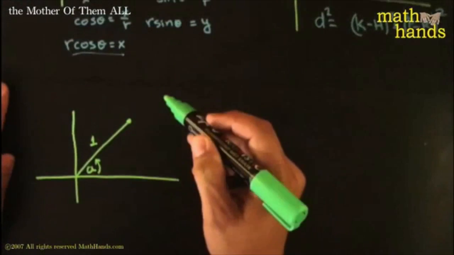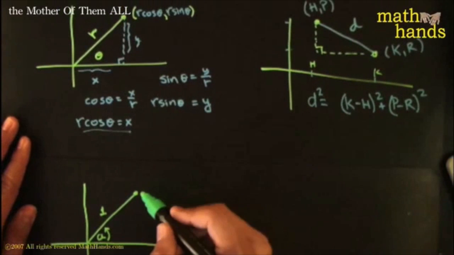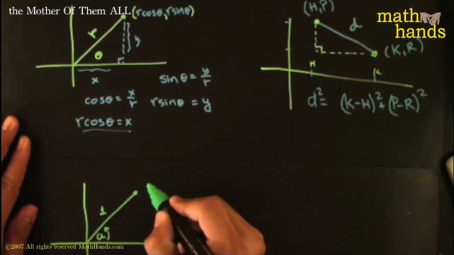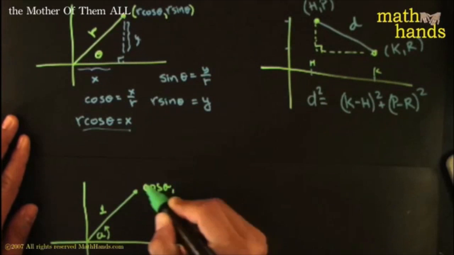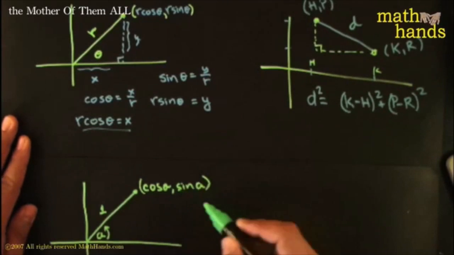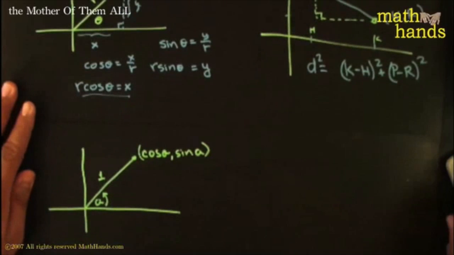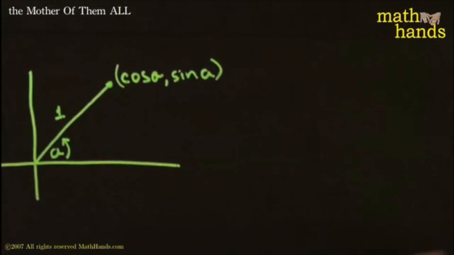So let's see if we got that. If this is 1 and that's A, what would be the coordinates here? It will be 1 times cosine A, comma, sine A times 1, which is the same thing as sine A. Those would be the coordinates for that, using one of the ingredients that I told you we needed.